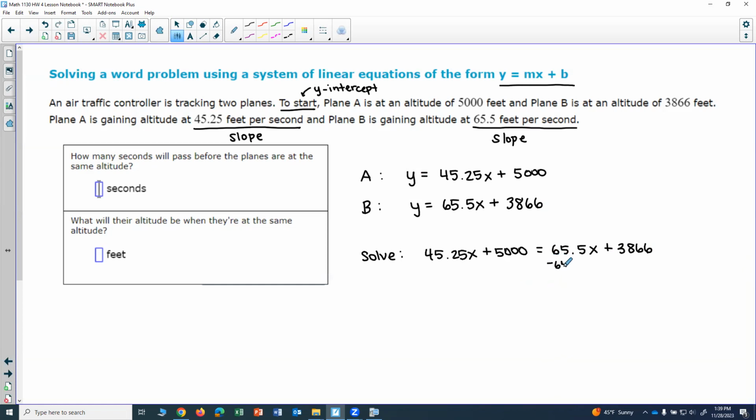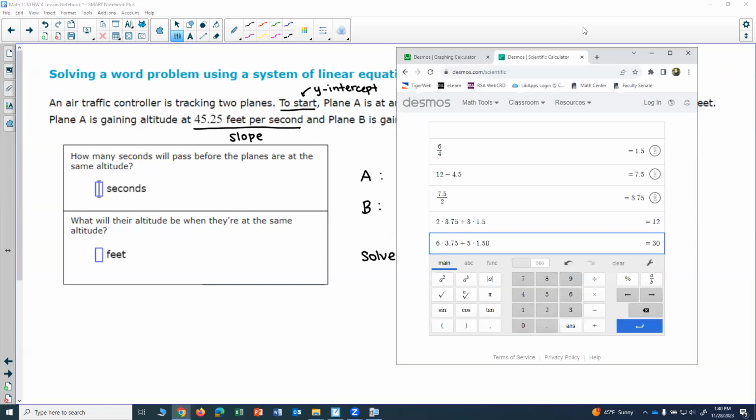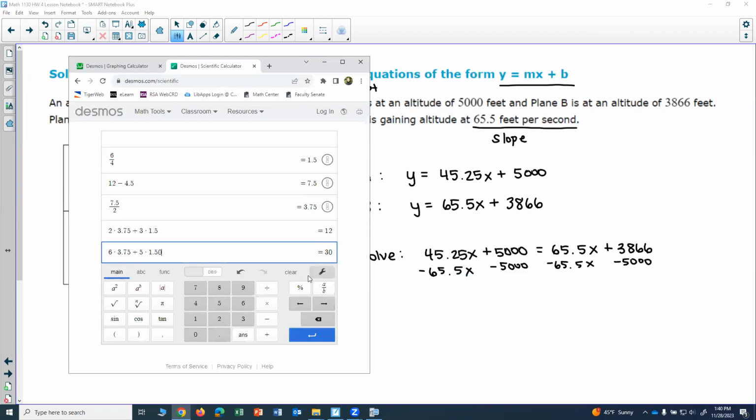So if I move the 65.5x to the left side, I'll subtract it. So minus 65.5x. Move the 5,000 to the right side, so subtract 5,000. I'll have 45.25 minus 65.5, so negative 20.25x.